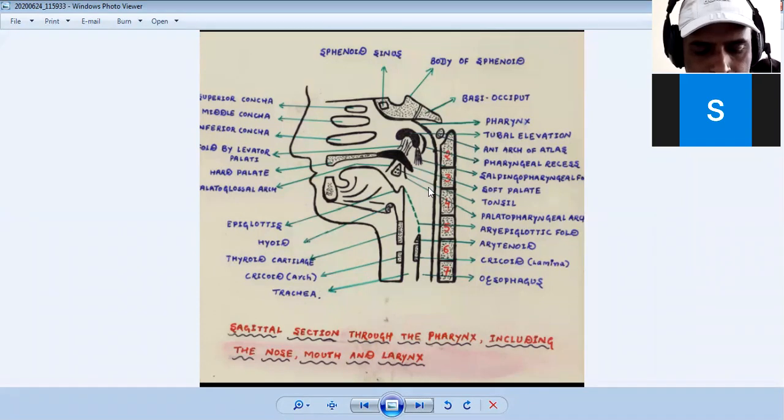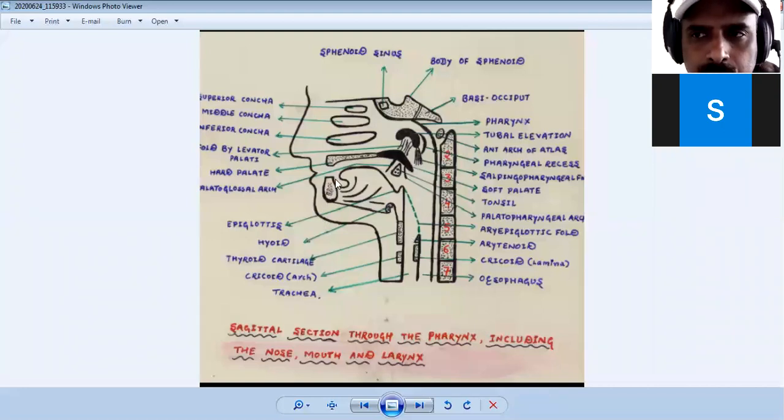So on each side, as you know, the pharynx is attached to the medial pterygoid plate and pterygomandibular raphe. You have to remember just this one. Then you have to tell about it being attached to the mandible, tongue, hyoid bone, thyroid, and cricoid cartilage.